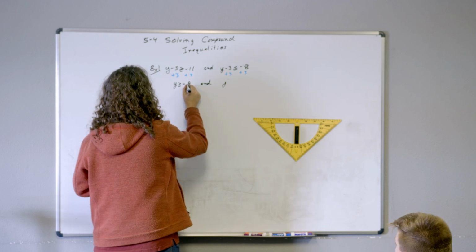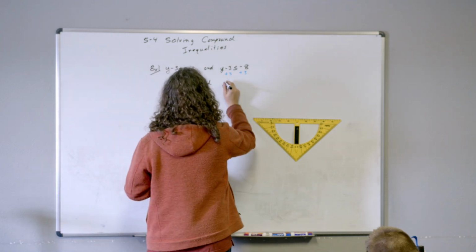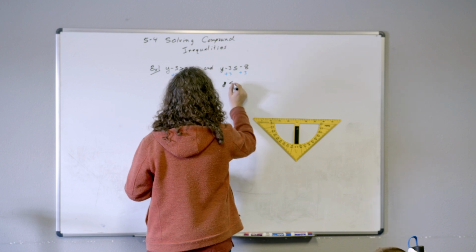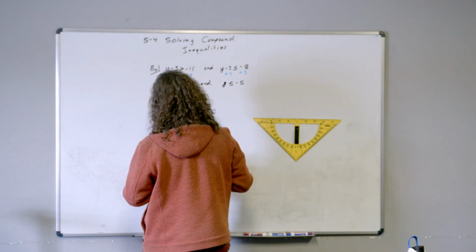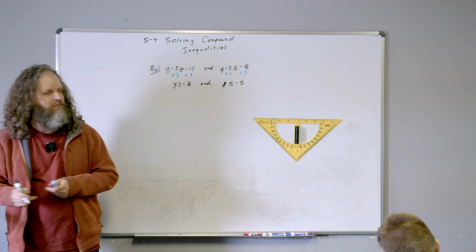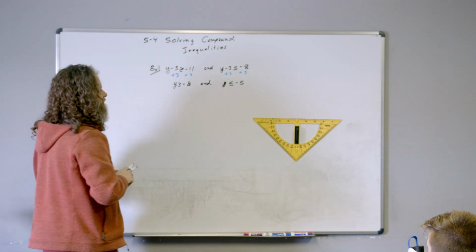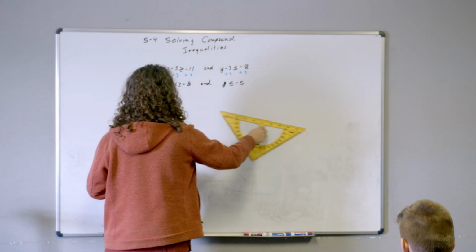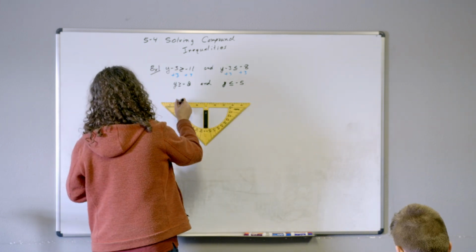Yes, that's totally what I said. y is less than or equal to negative 5. That's not so bad. How do we graph that? Like graphical. Yeah, kind of.